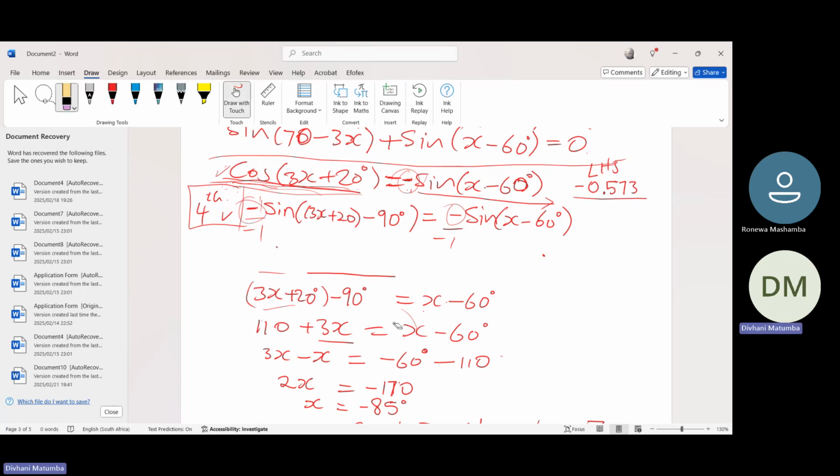So this will be 20 minus 90, which is 3x minus 70. Is it 60? Sorry, 70. Yes, sir. Yeah, 70. Okay, 3x minus 70 is equal to x minus 60. Okay, fine.